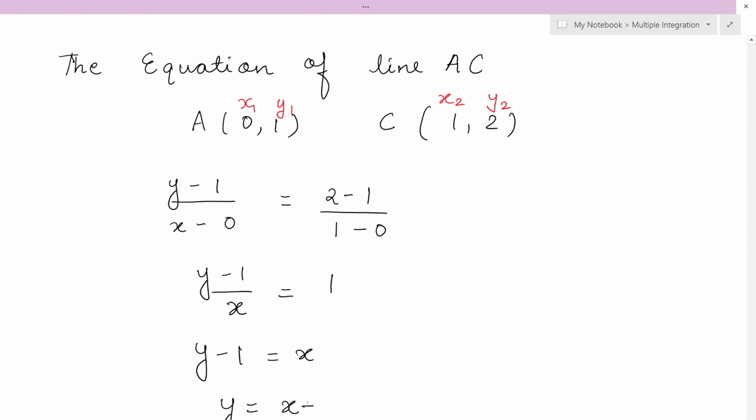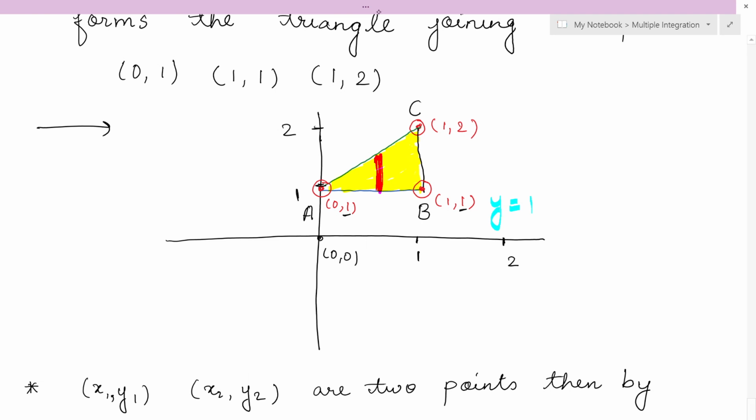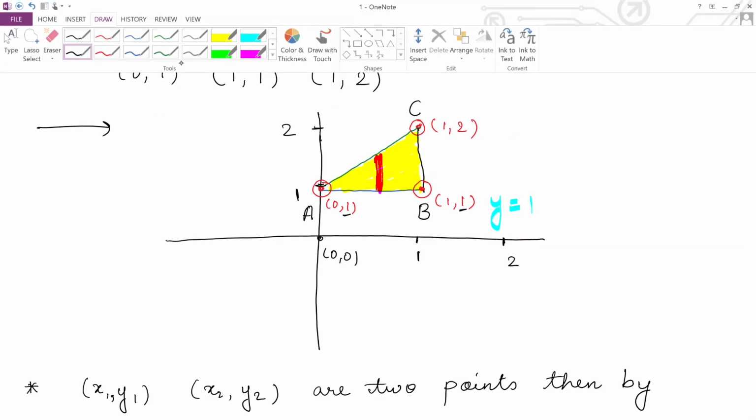So this is the equation of the line AC. I've got it as y is equal to x plus 1. So let me write this line as y is equal to x plus 1.